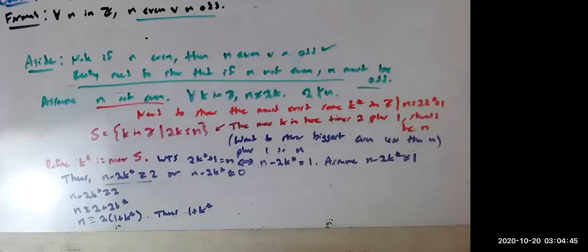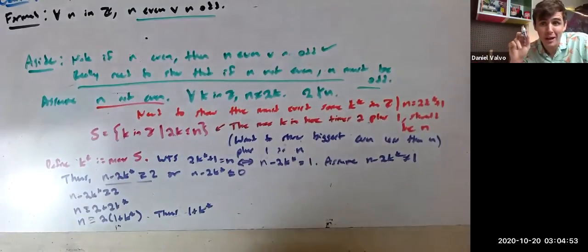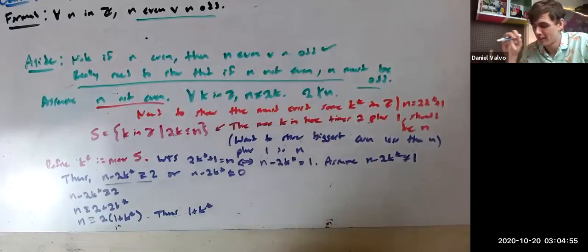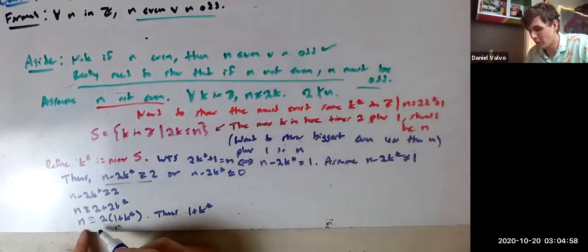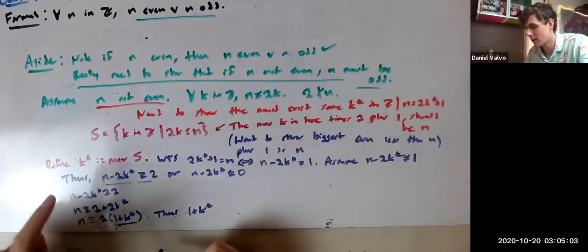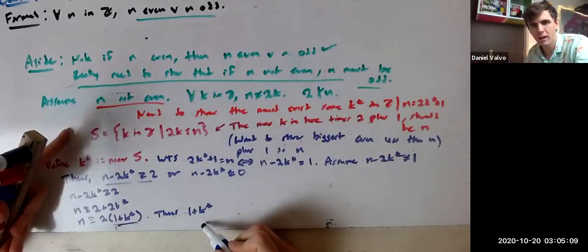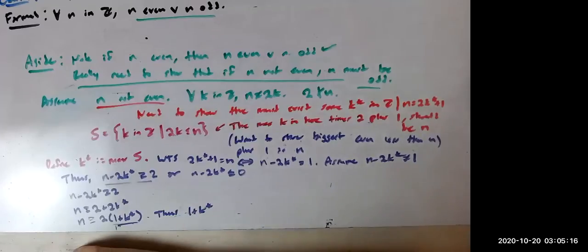It's even? We don't know it's even. Can someone help him out? If n is greater than or equal to 2 times 1 plus k star, 2 times this number, based on S, what do we know about 1 plus k star? Not even? I'm confused.